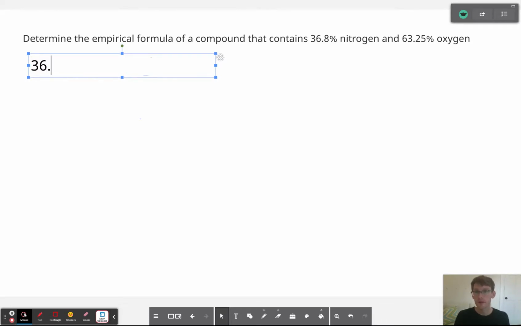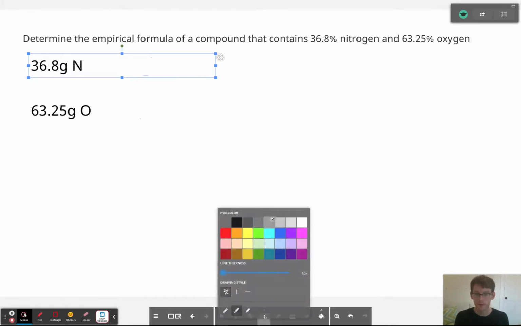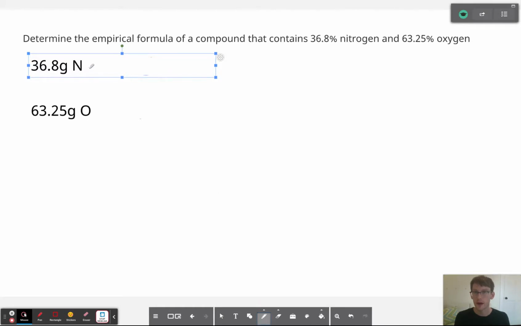Therefore, we have 36.8 grams of nitrogen, and we have 63.25 grams of oxygen. So we've got those, and we're going to convert them to moles. So to do that, we need to multiply the 36.8 grams times 1 mole for every 14.00 grams.